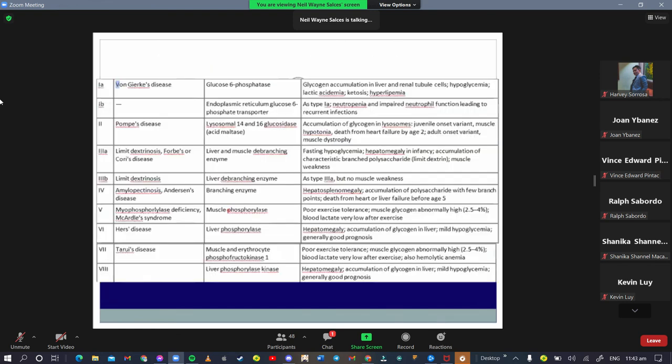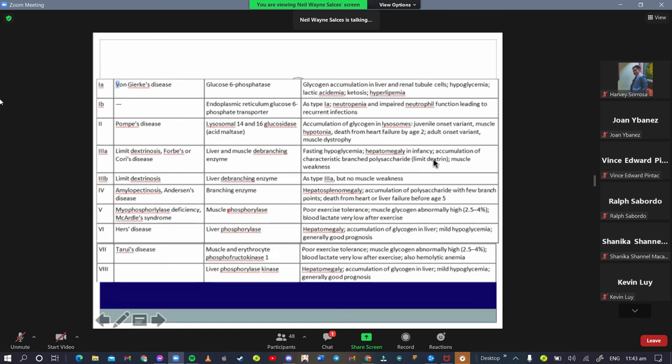So, I want you to go back to your book and look again at these different glycogen storage diseases. Know the different enzyme deficiencies of these different glycogen storage diseases and what happens, no? How does it present?